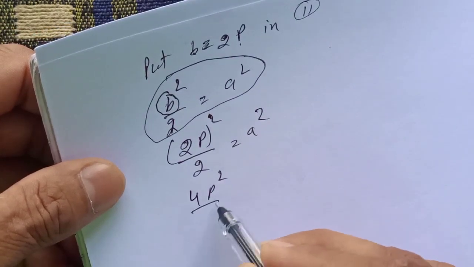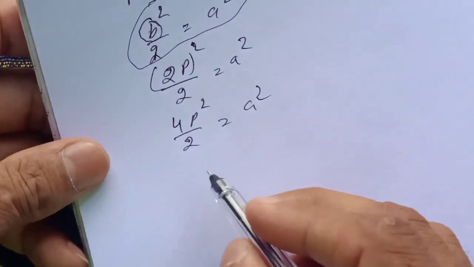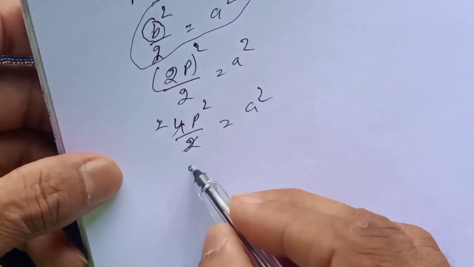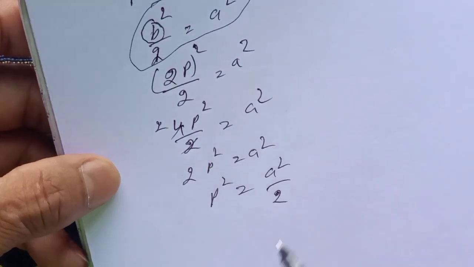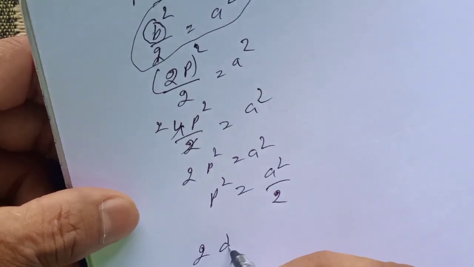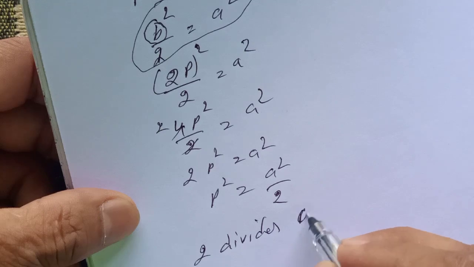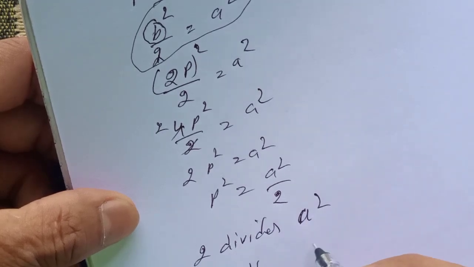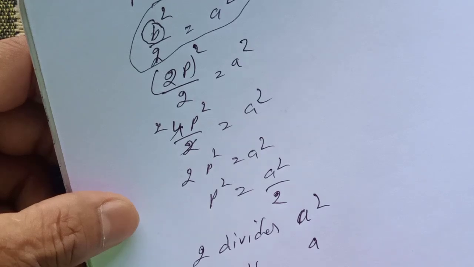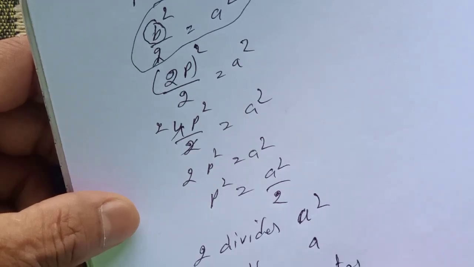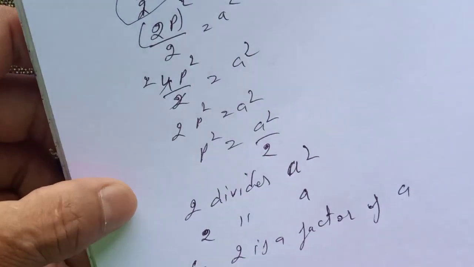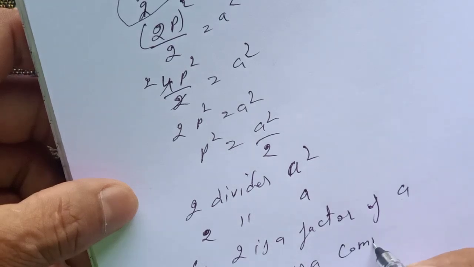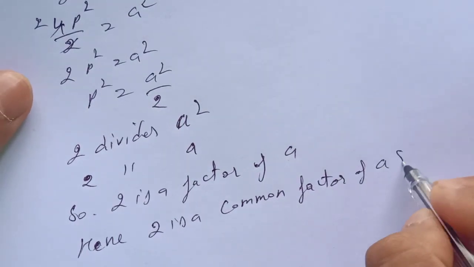This is 4p square upon 2 equal to a square. Cut it, becomes 2p square equal to a square, or p square is equal to a square by 2. 2 divides a square, 2 divides a, so 2 is a factor of a, hence 2 is a common factor of a and b.